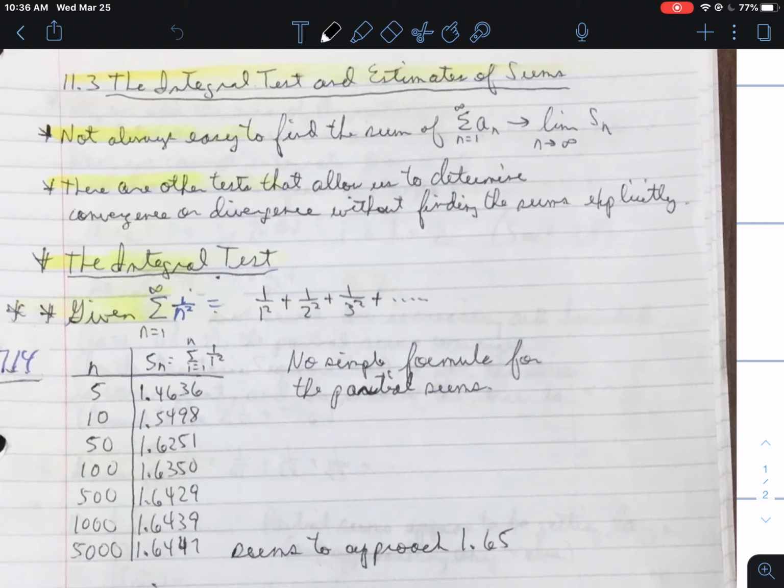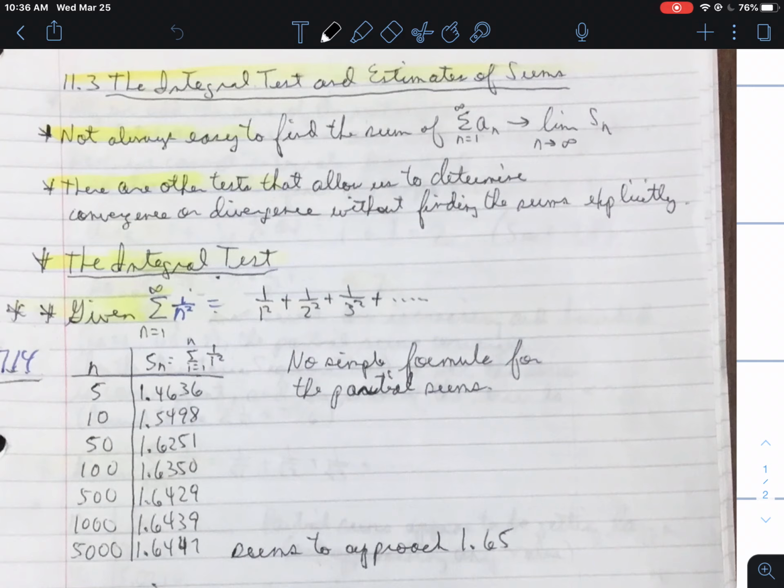So the test for divergence said that if that limit is not 0, I can at least tell you the series is divergent. If it is 0, I can't say that it necessarily converges. We did have the harmonic series as one example that showed us that it was a divergent series even though the limit of a sub n was 0.